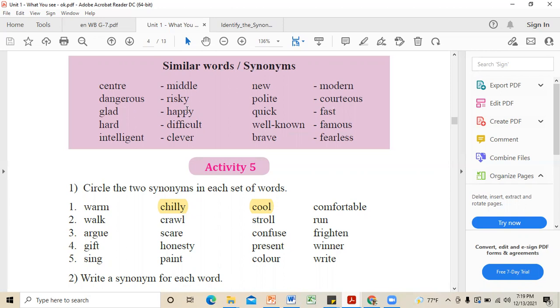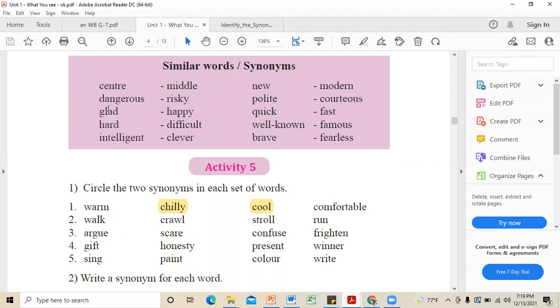We cannot directly say the snakes are risky, but the meaning we get from the two words would be similar. If I'm going to jump from the top of a mountain, it is going to be dangerous.